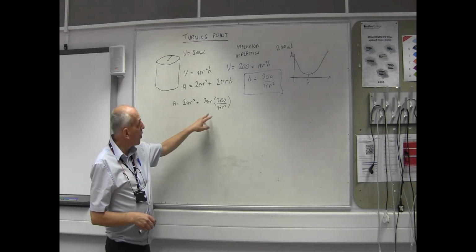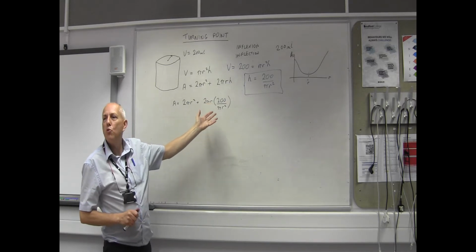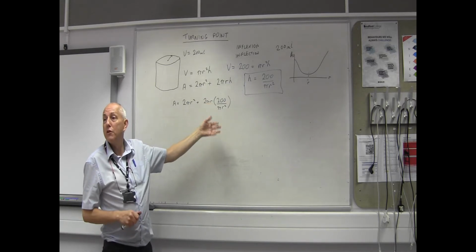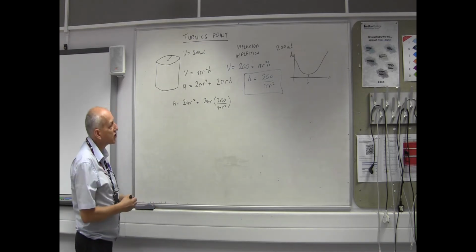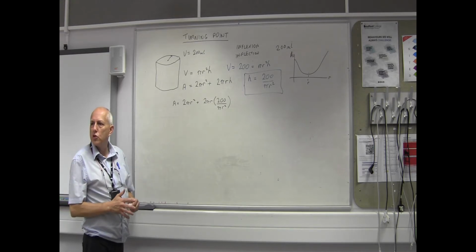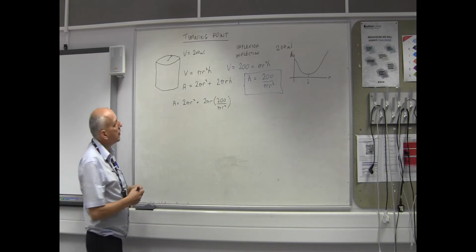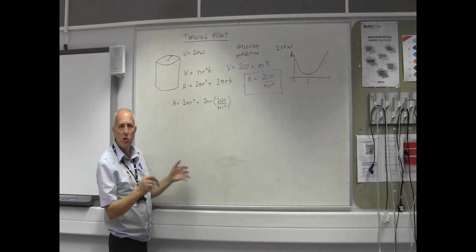Right, well, before we get to that stage, when you get brackets with things outside of it, it's good practice to multiply out the bracket. That usually simplifies things. And quite often, like in this, it's going to get rid of some terms as well, which will make life easier for us. So that 2 will multiply into that 200, making it 400.